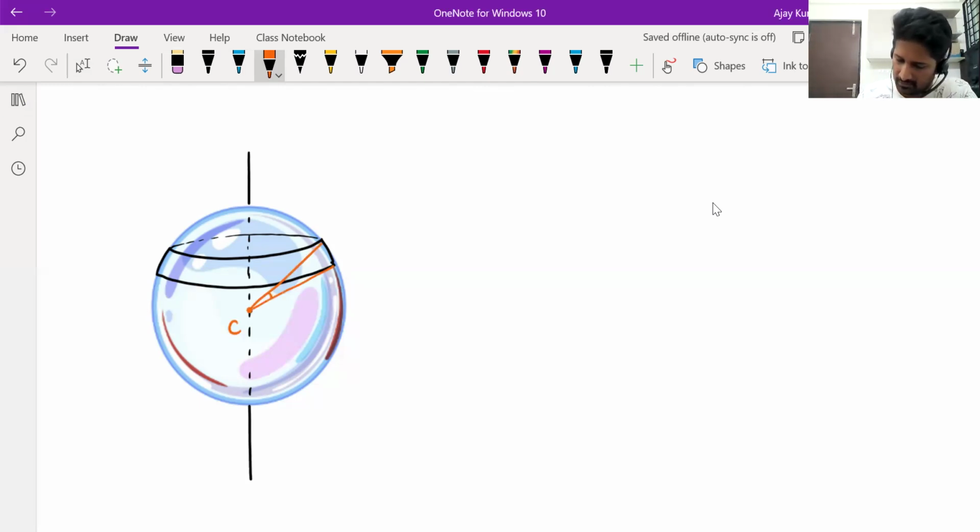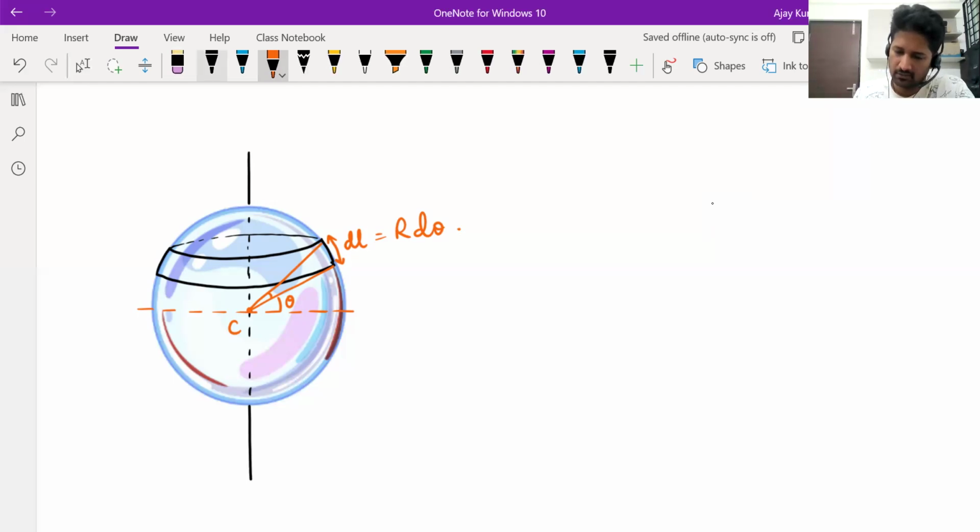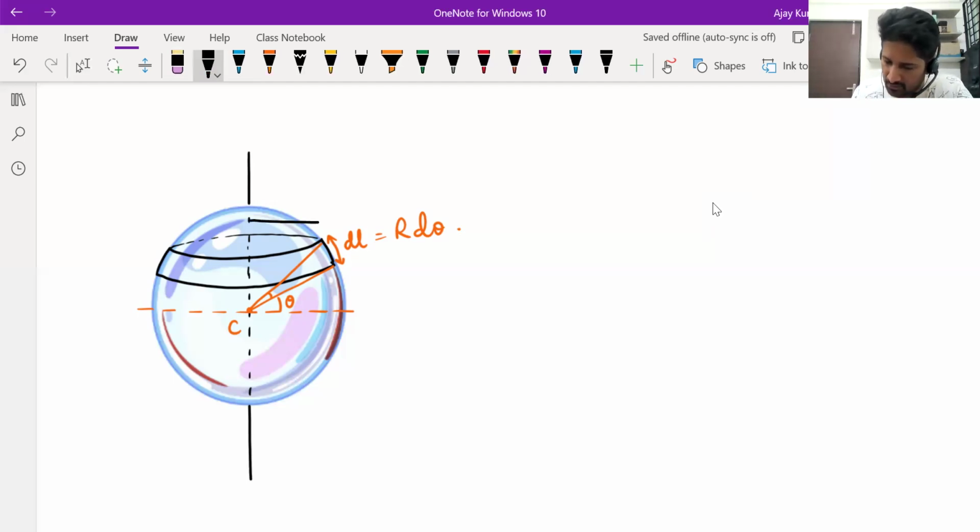And imagine a horizontal line here. Call this angle theta. Then the small angle subtended by the element is d theta. And the length of the element dl can be written as R d theta, where capital R is the radius of the bubble. And now the radius of this ring element, which is small r, is from here to here.